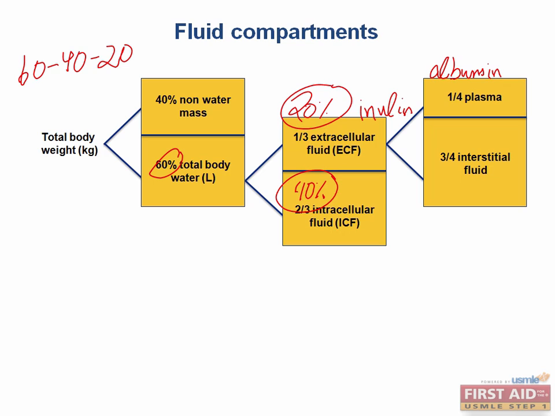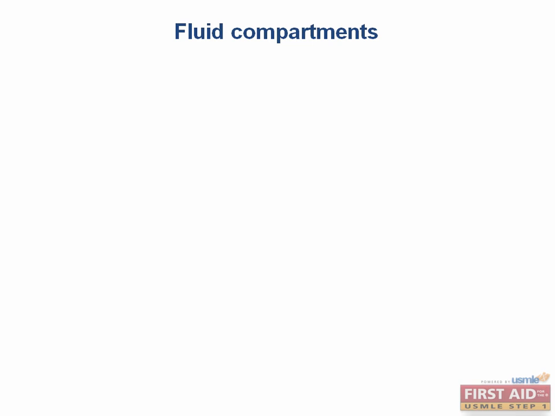Now, before we get into the differences between these compartments, let's walk through a sample problem together. How is the body water of a 70-kilogram man divided? Well, if he's 70 kilograms, 60% of that will be water, which makes up about 42 liters. Two-thirds of that water is the ICF, or the water inside the cells.